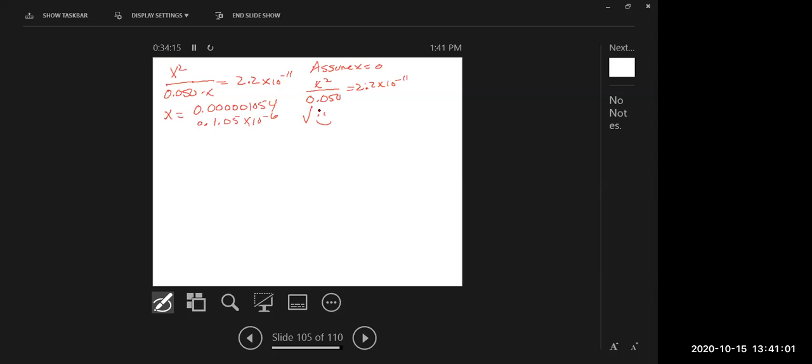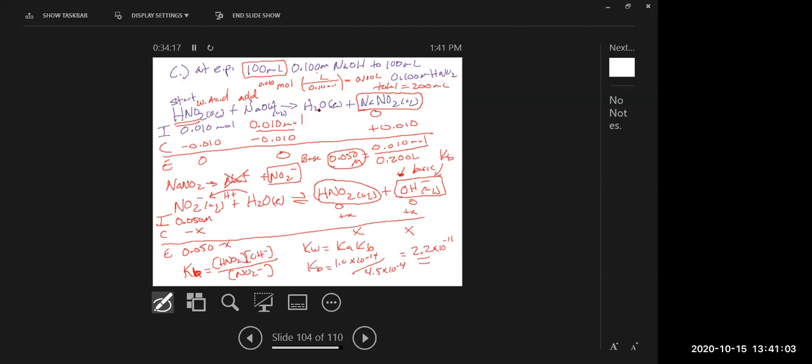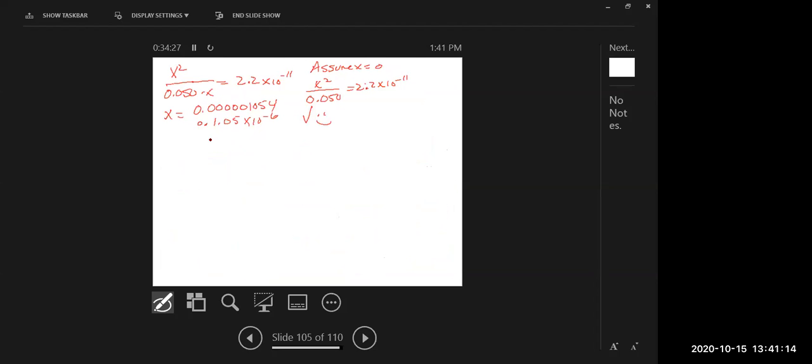Because our assumption is good, a reminder that what we are seeing in terms of the x value is not the H plus concentration. It is the OH minus concentration. That means that this number here equals our OH minus concentration. And that means that we could then get the pOH, which is minus the log of the OH minus, going to be minus the log of 1.05 times 10 to the minus 6.